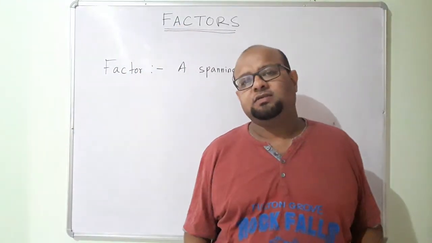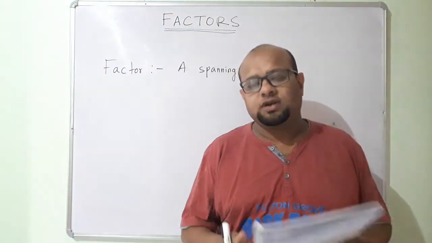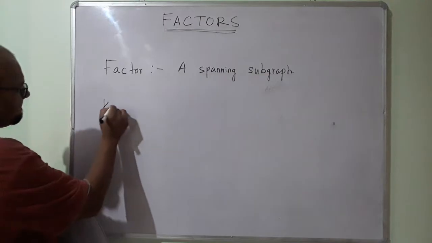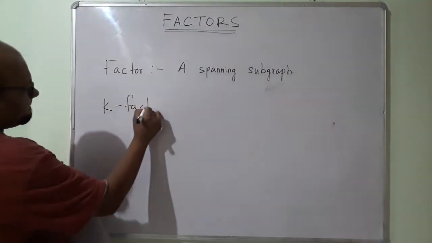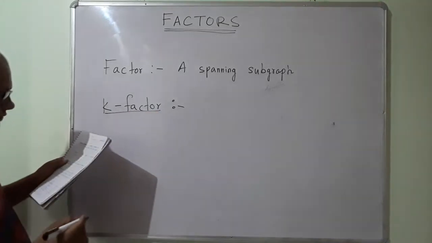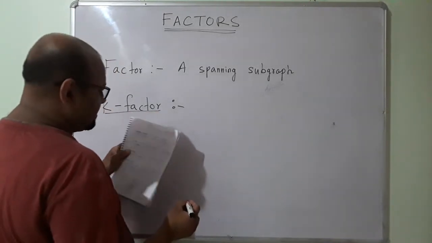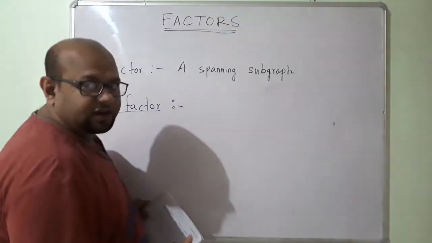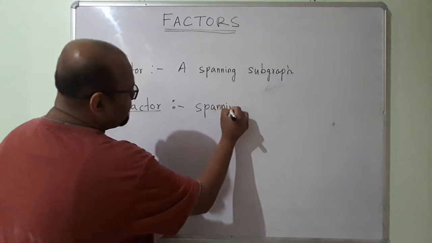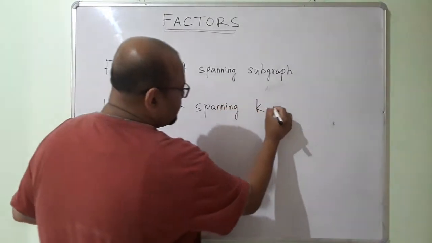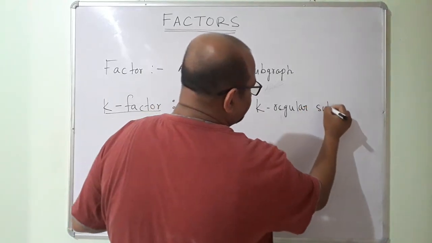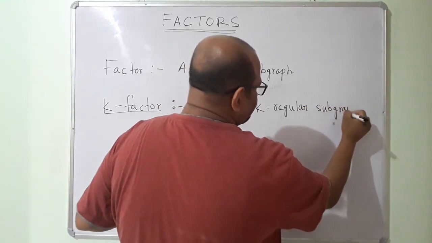You take any spanning subgraph, that spanning subgraph is called a factor. Now what is a k factor? A k factor of a graph is a spanning k regular subgraph.